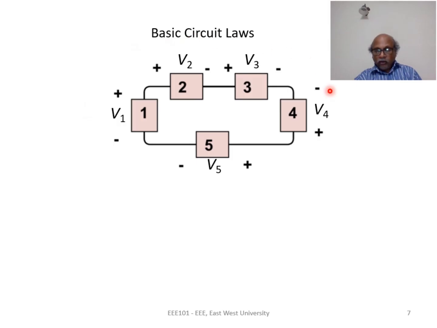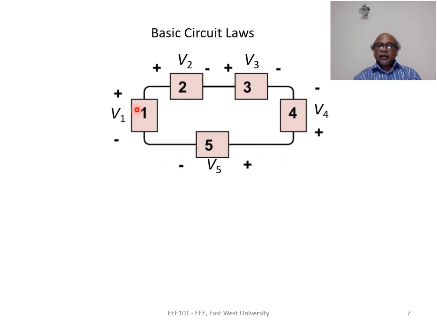So when we go clockwise, going across 1, this V1 is a rise, I go from minus to plus. When going across 2, V2 is a drop because I am going from plus to minus. Similarly, going from left to right, V3 is a drop. Going downward, V4 is a rise. And going from right to left, V5 is a drop.